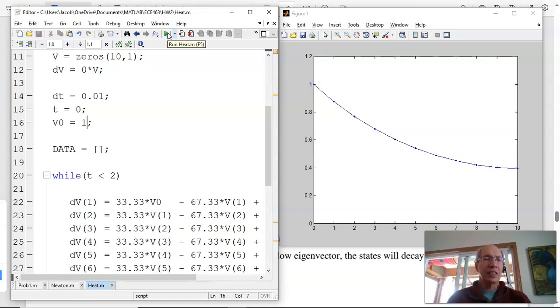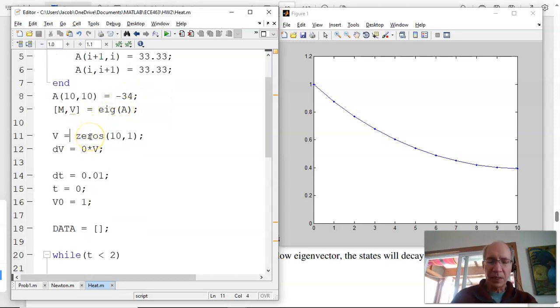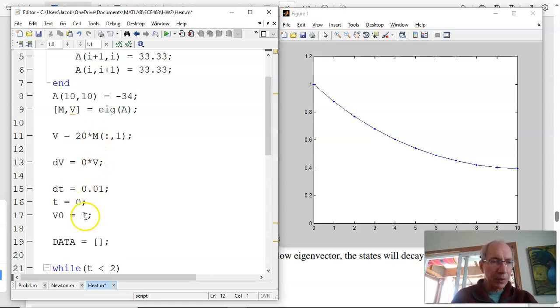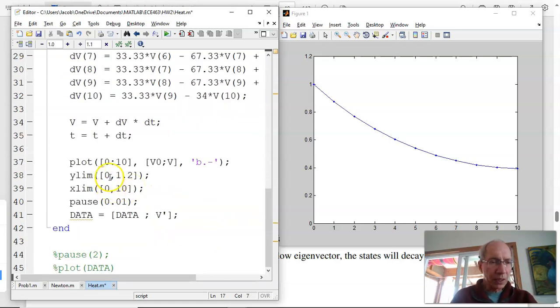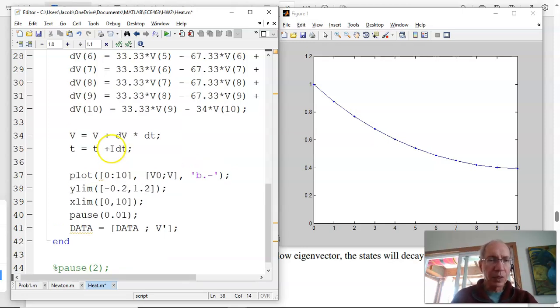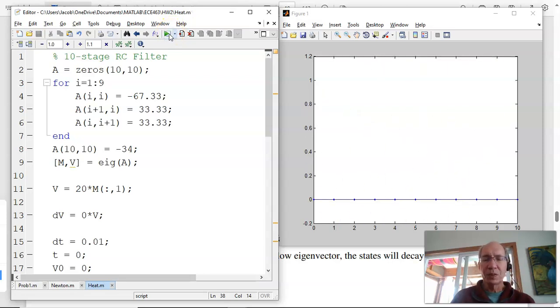If I want a natural response instead, I make the initial condition the fast eigenvector, and make the forcing function 0. Down here, let's just go from minus 0.2. If that's my function and I run it, poof. Did you see that? That's my fast eigenvector.